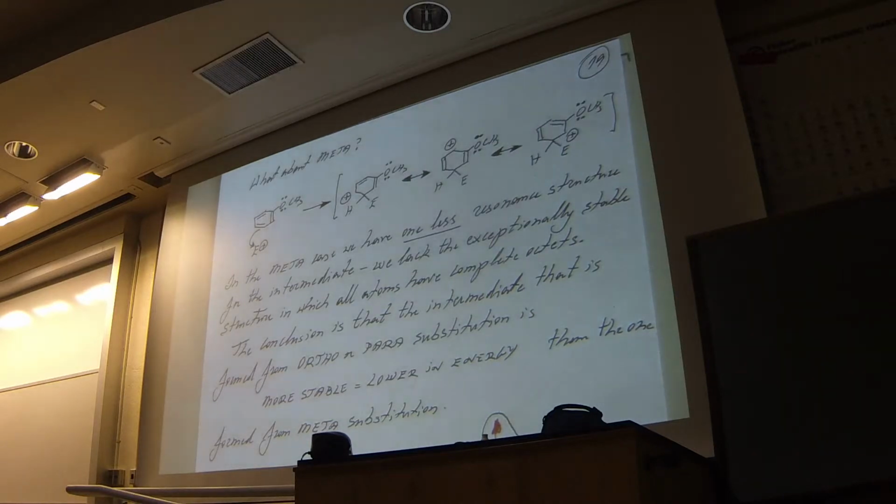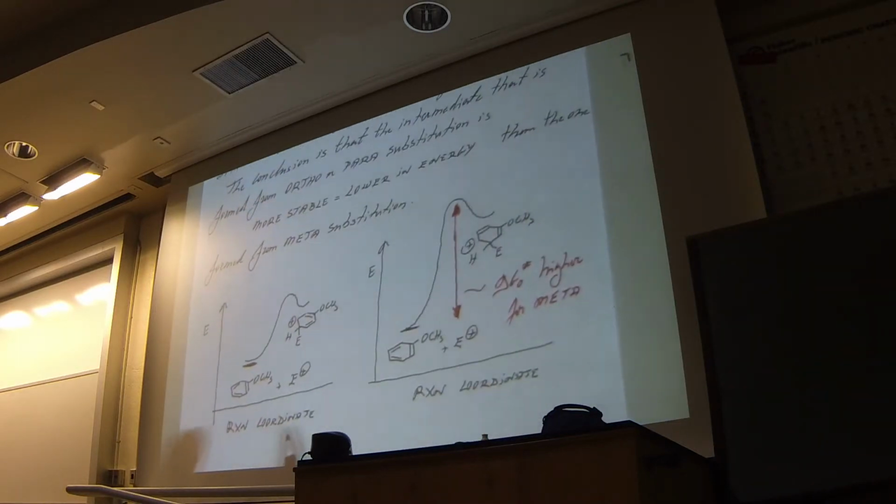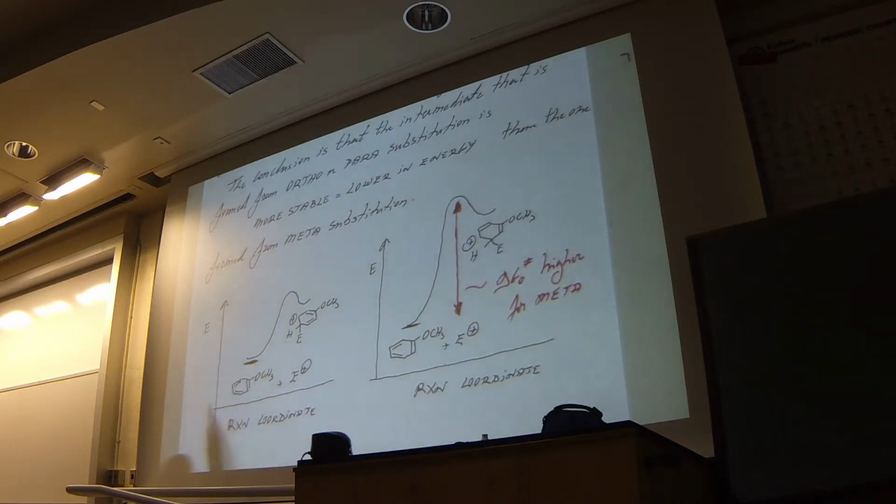And so you can show this, again, using these reaction diagrams. If it's para, you have a lower activation energy. If it's meta, you have a higher activation energy, because here you're lacking one of the resonance structures that you have in this form.